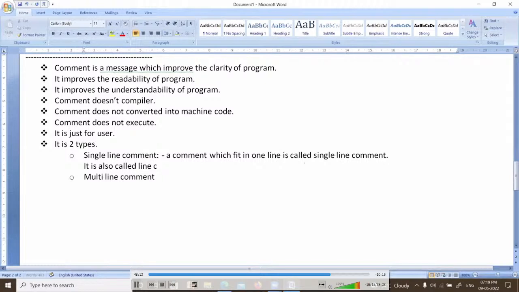Now, what is a multi-line comment? Sometimes the comment is not small, it is big. It won't fit in one line. It will be in multiple lines.